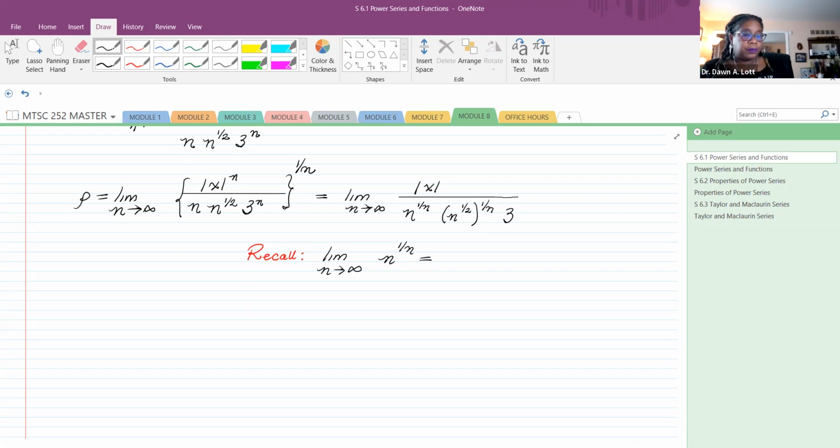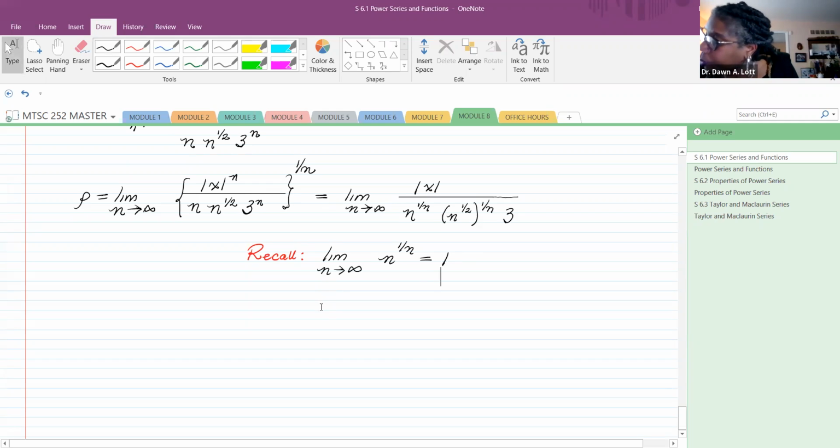And n to the 1/2 to the 1 over n is the same as n to the 1 over n, to the 1/2 power.